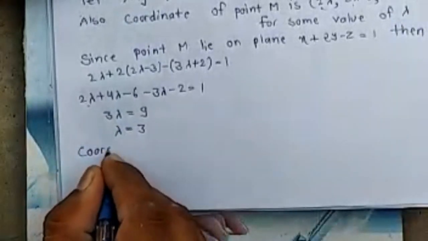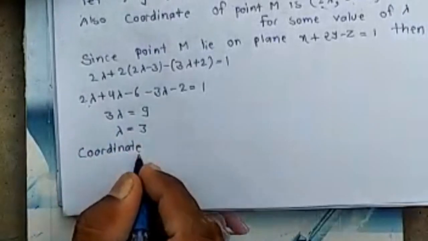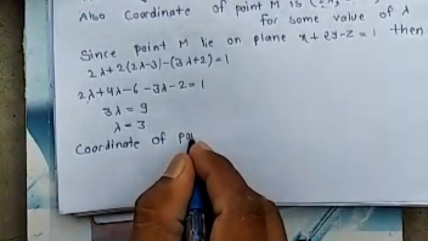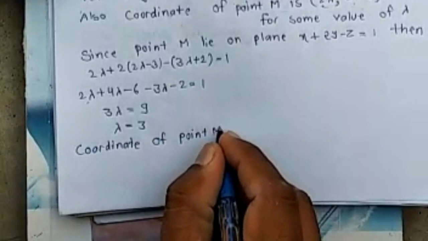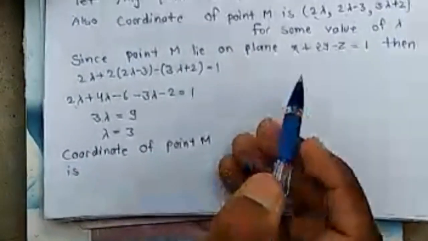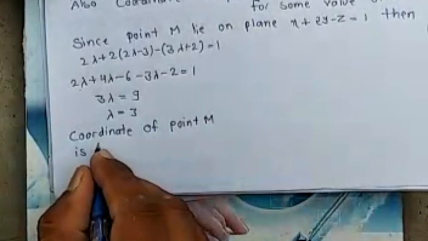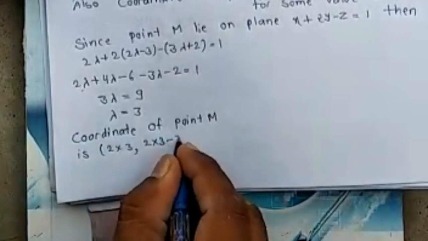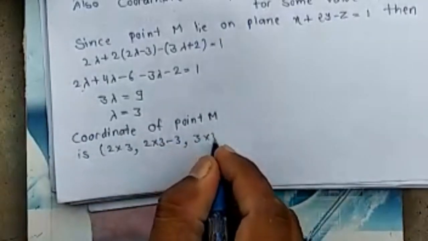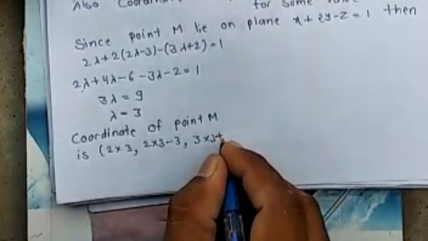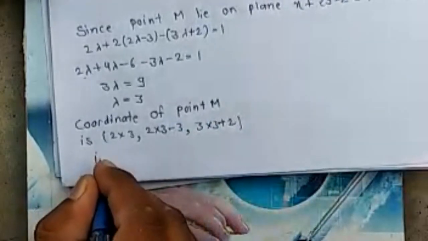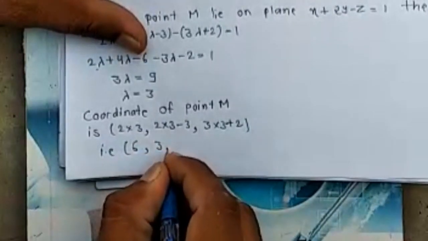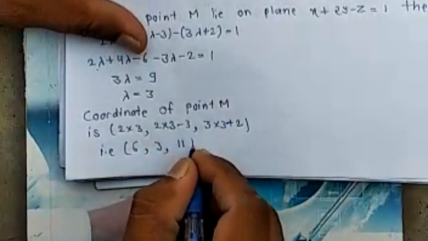Coordinate of point M is, put the value of lambda here, we get 2 into 3, 2 into 3 - 3, 3 into 3 + 2, that is (6, 3, 11).